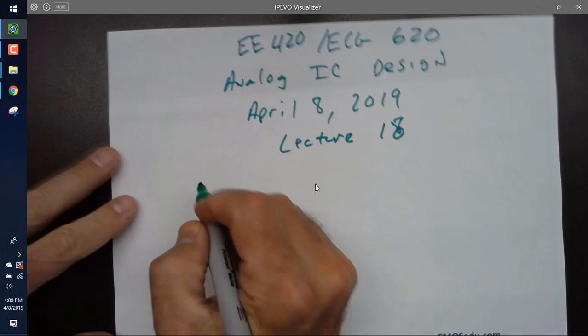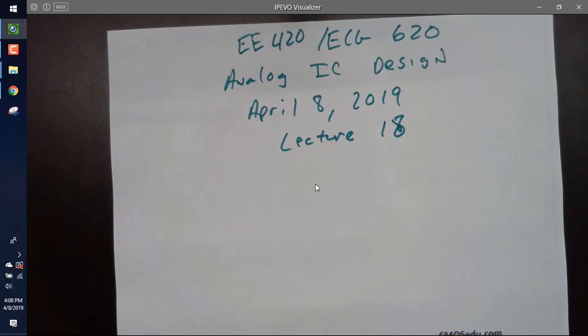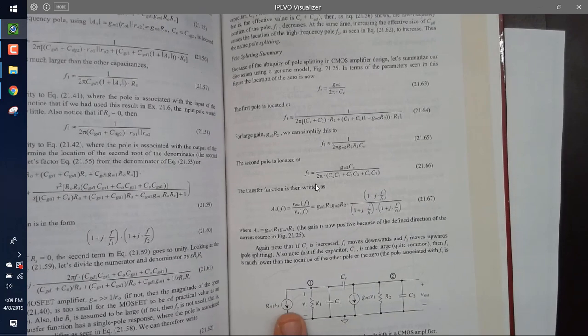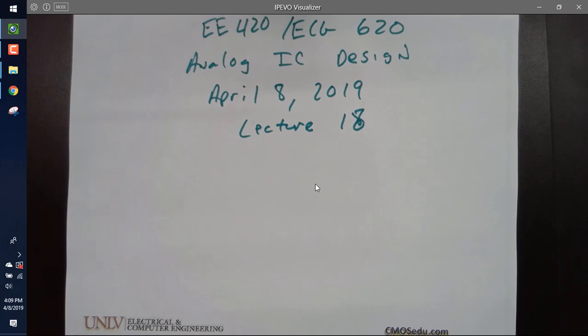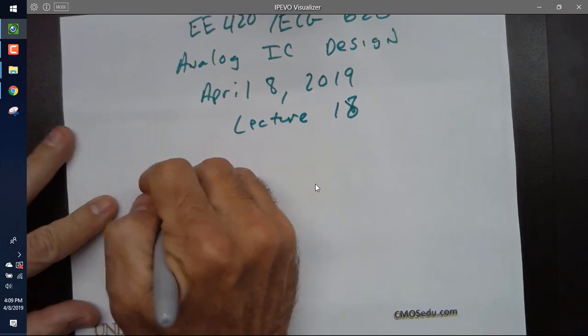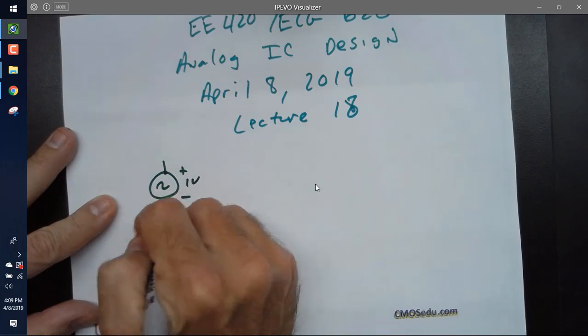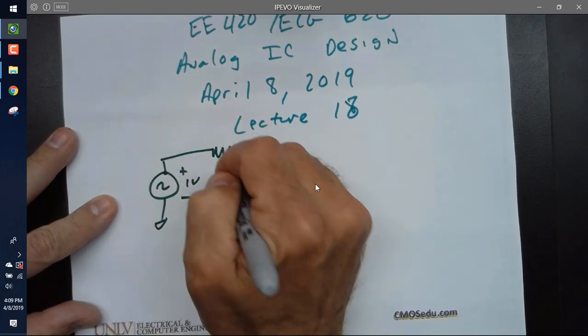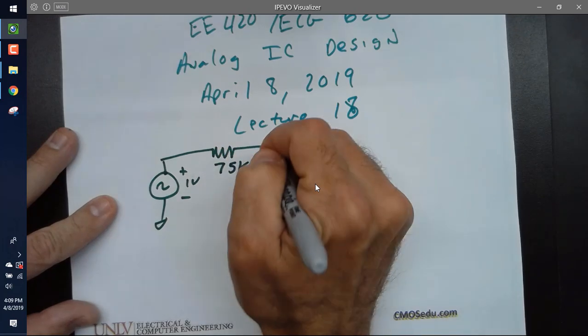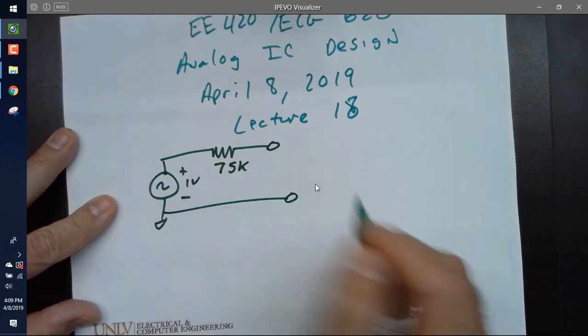So I go back and I'll draw my input, and let me make sure I do it the same way as the source here. So, and let me do it because I have phobias about your circuits knowledge. So let's draw it like this, plus minus 1 volt. And then I have a 75K. Here's the ports.